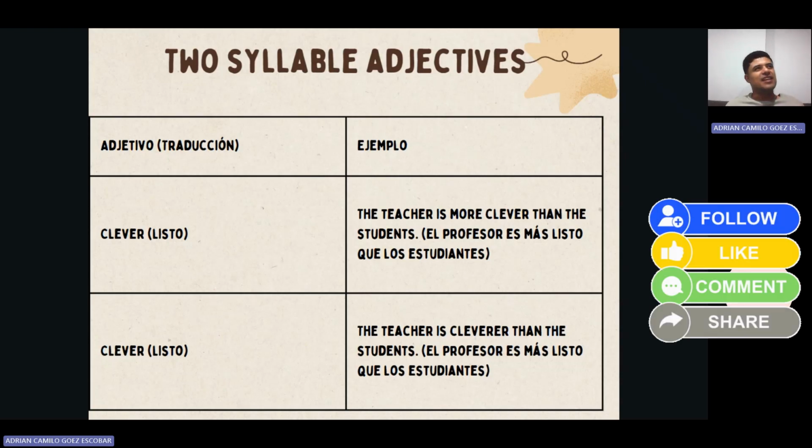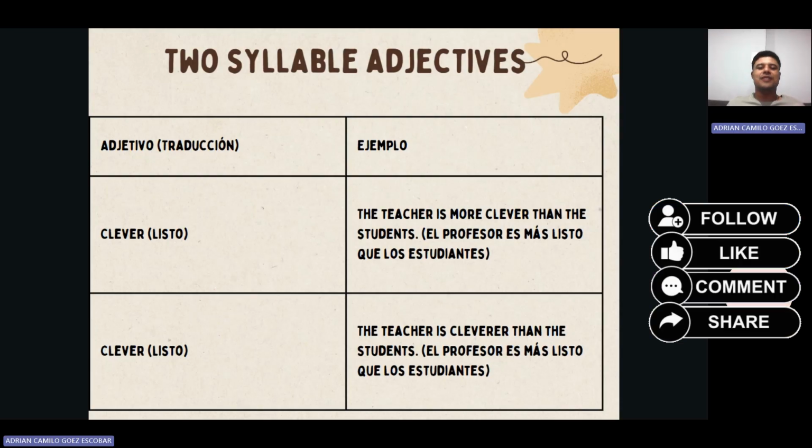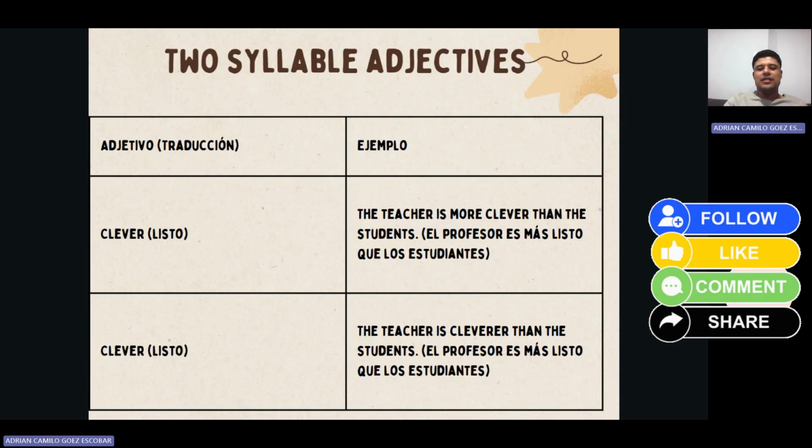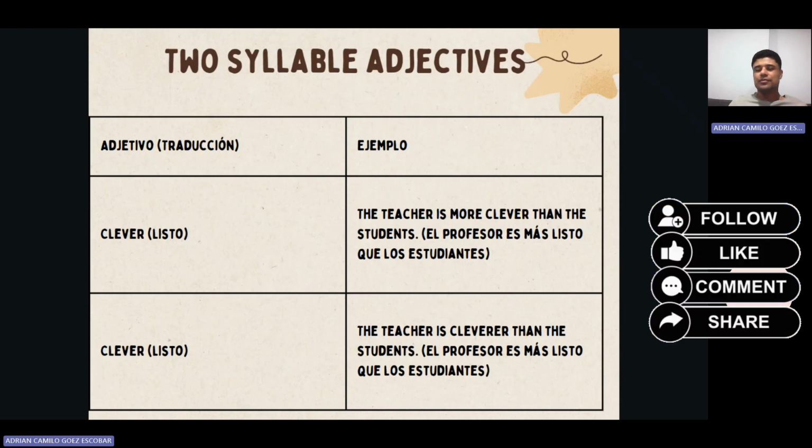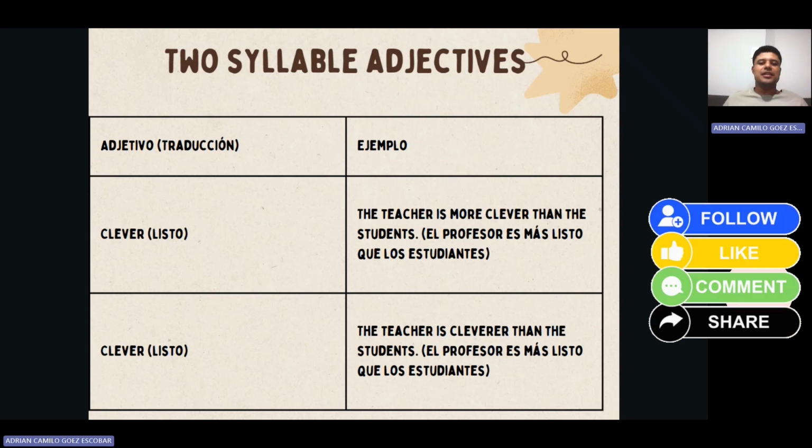Example: my sister is happier than I am today. Many two-syllable adjectives ending in "-ow" often follow the short rule, ending in "er". This is especially common in British writing. Example: that dog is smarter than mine.